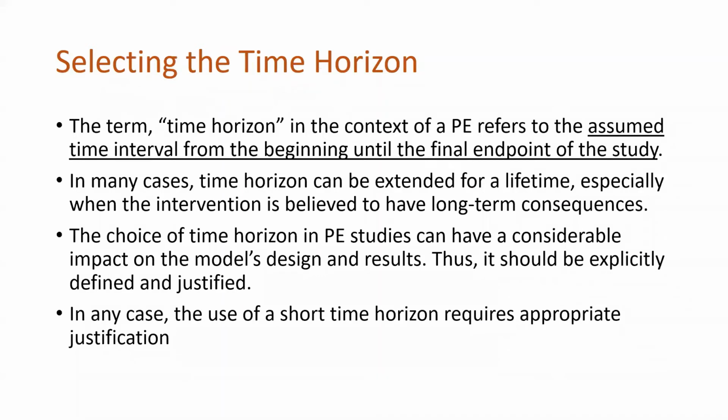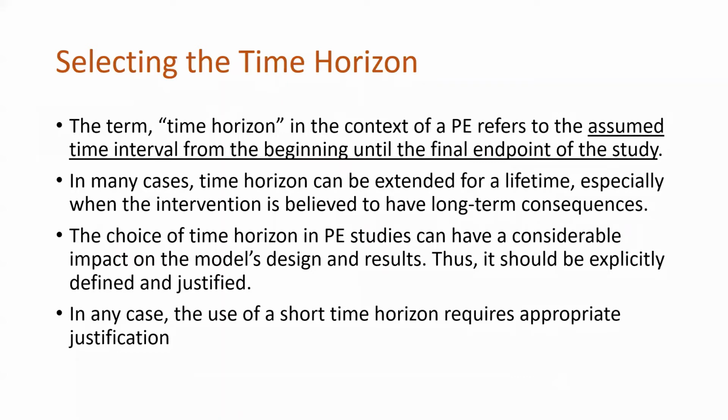Selecting also the time horizon. As you know, clinical trials are conducted within a very specific time frame, sometimes 6 months, 1 year, 2, 3 years maximum. However, economic models are most of the time done to capture the impact of the intervention on the long-term consequences and costs. So you have a hypothetical cohort of patients.